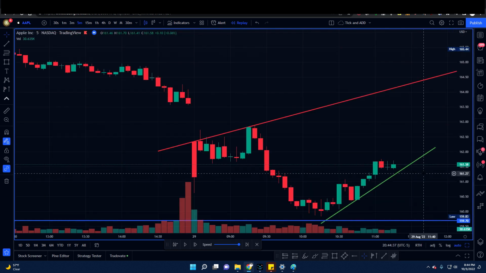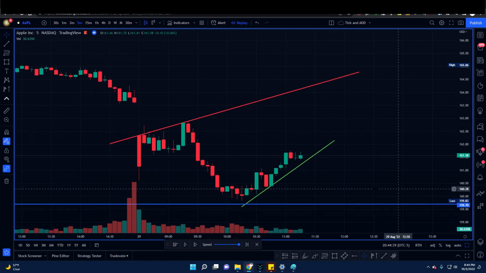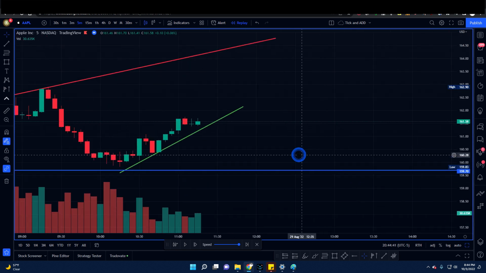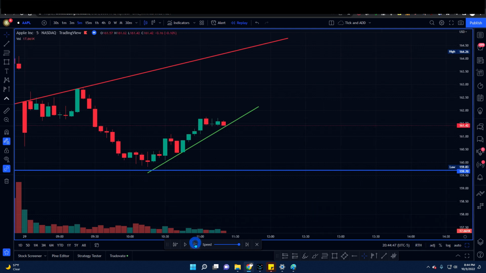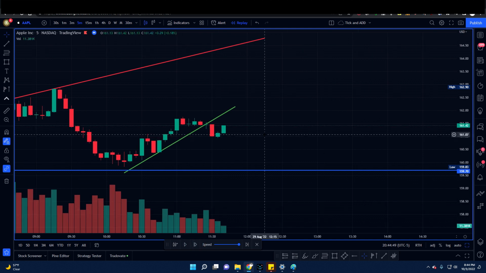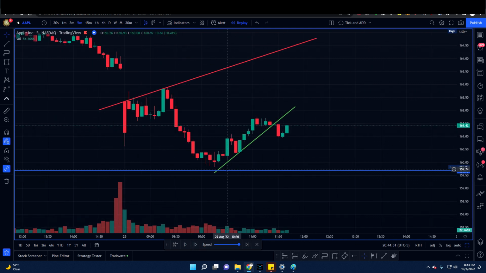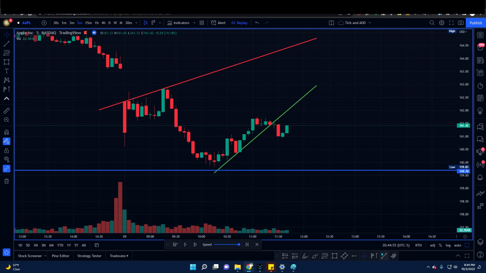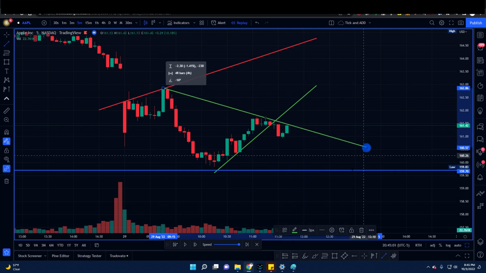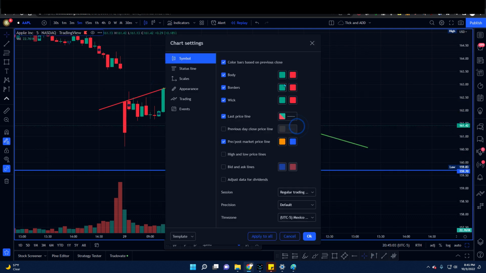Let's play it out here. Down here on the 5-minute chart, we're going to advance this by 5 bars at a time. 1, 2, 3, 4, 5. So I expected to see buying at this trend line. I did not get it. What has happened though is the slope of this has changed.